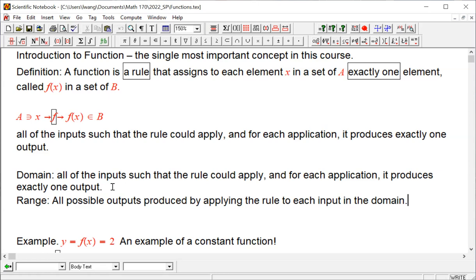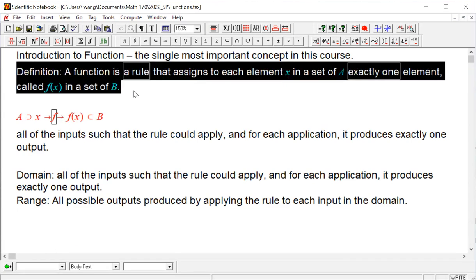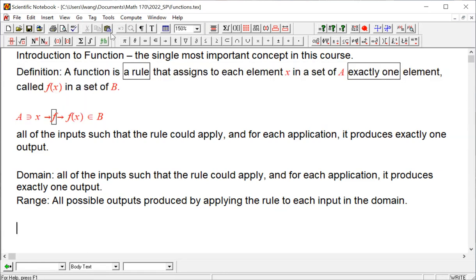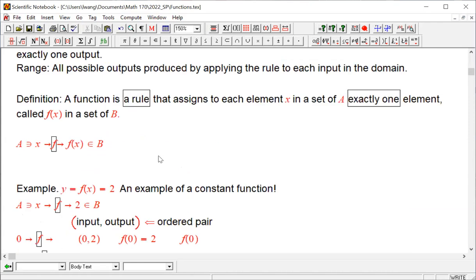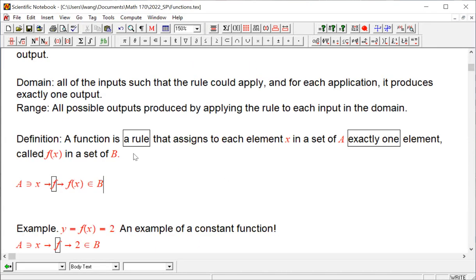Okay, so let's look at some examples. Before we look at some examples, we want to make a little modification to the definition of function, okay? So now you can see we are concerned about the rule, and we're also concerned about domain and range, right?